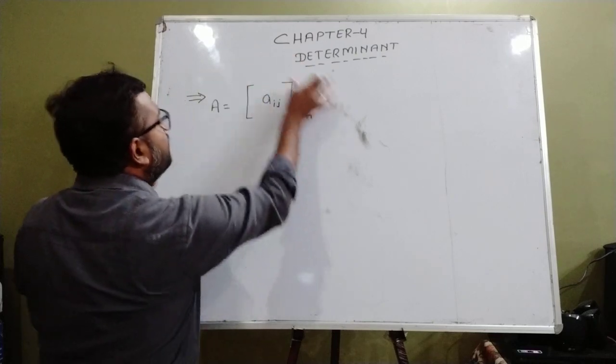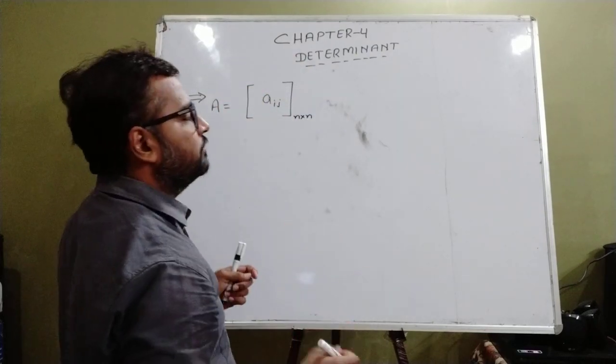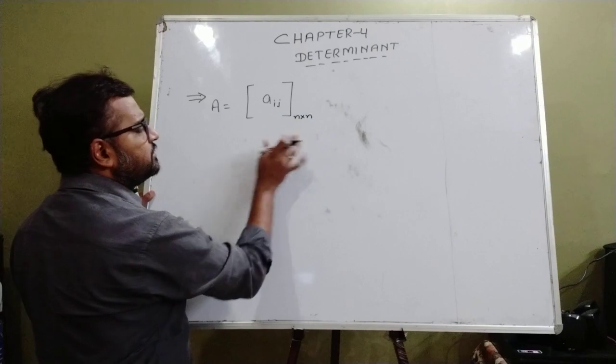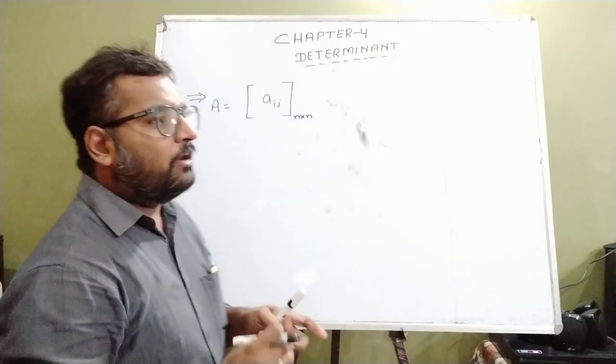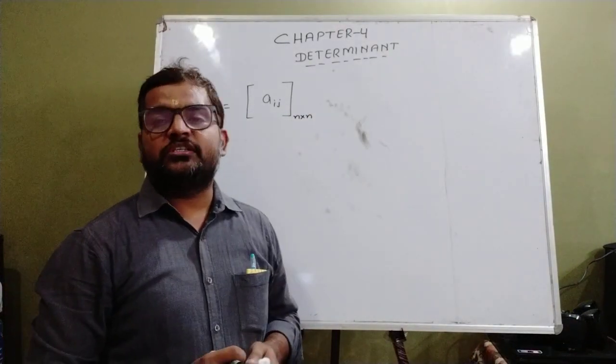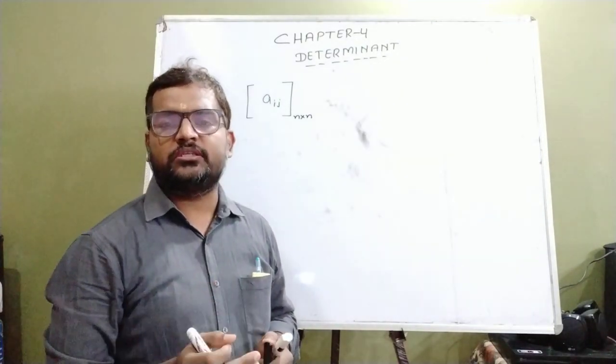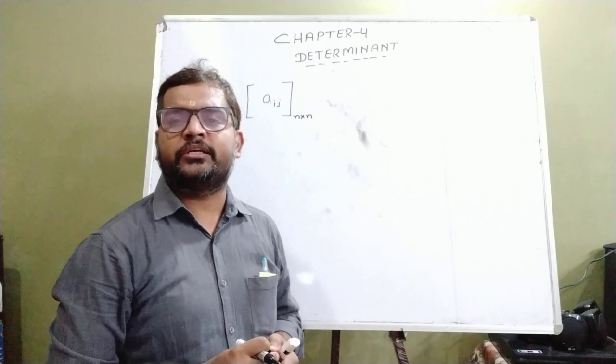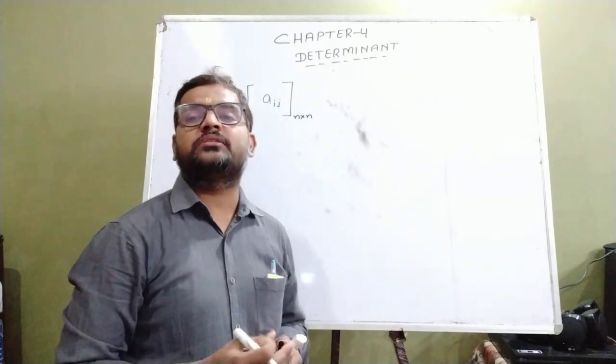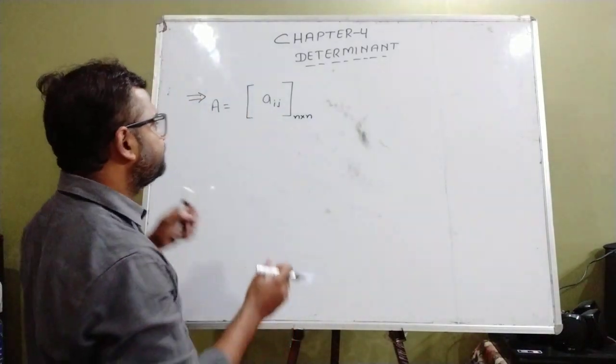That certain number is said to be the determinant. The definition is that every square matrix possesses a unique number or unique expression, and that number is said to be the determinant value.